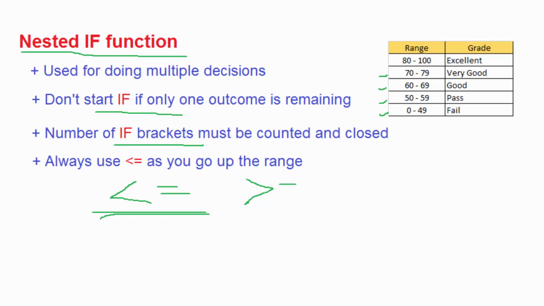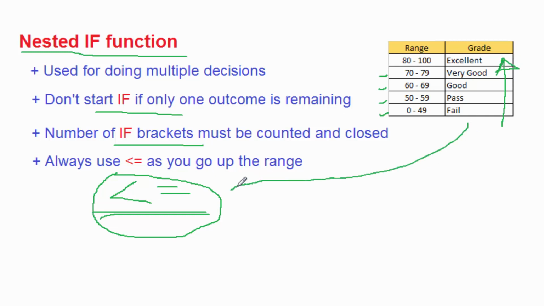Then another thing is, if you are deciding to use the less than or equal to operator, always move upwards like this, starting with the lowest range towards the highest range, and that one works very well with this less than or equal to. To understand how the nested if function works, we will do it practically in MS Excel.